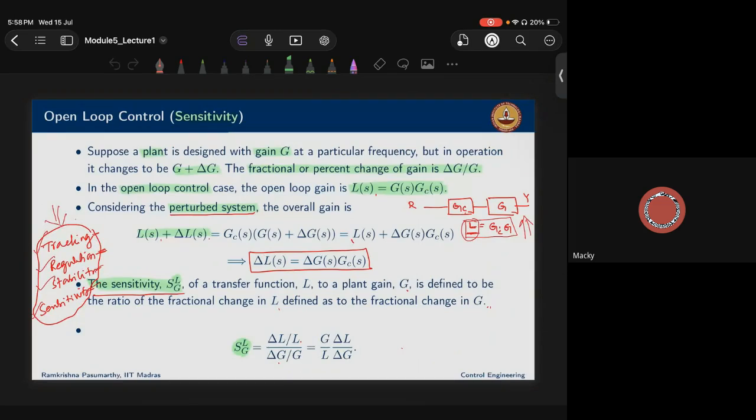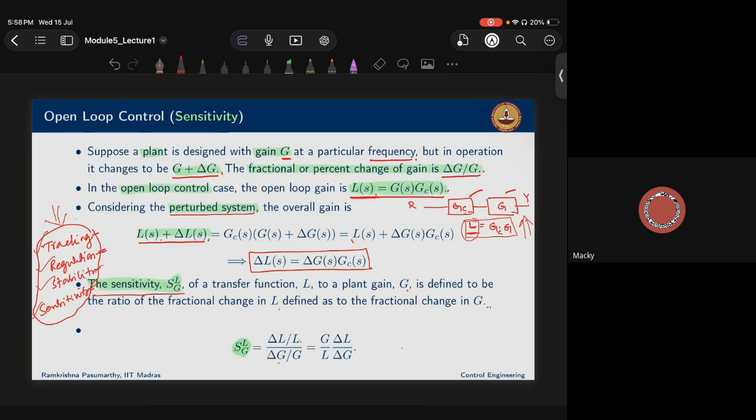Suppose we have a plant transfer function G. Due to some changes in the frequency of the system, the transfer function changes to G plus delta G, with a small fractional change of delta G. The percentage change in the gain is delta G by G. For the open loop system, let's call the transfer function L of S, which is the multiplication of GC and G. When there is a change in G, there will be a change in L also, that we call delta L.